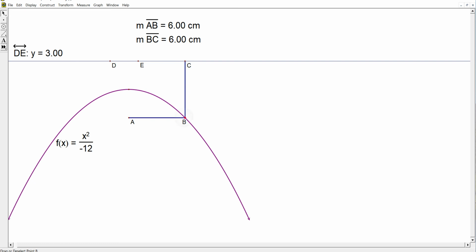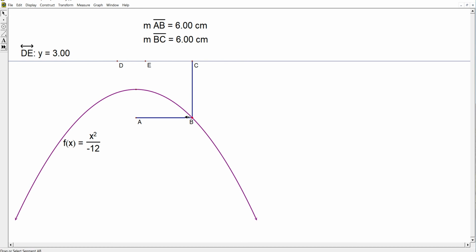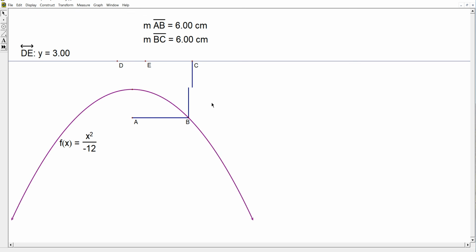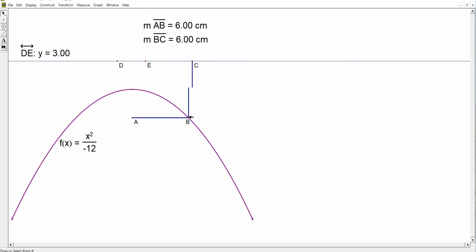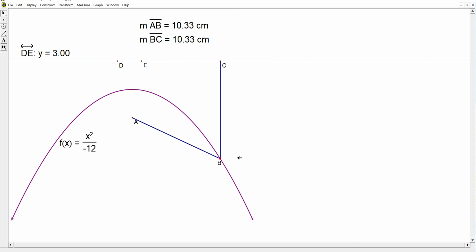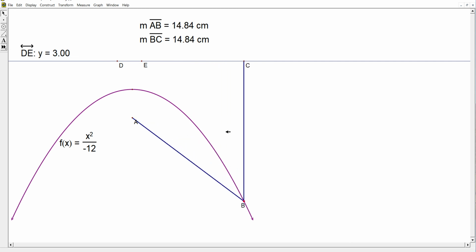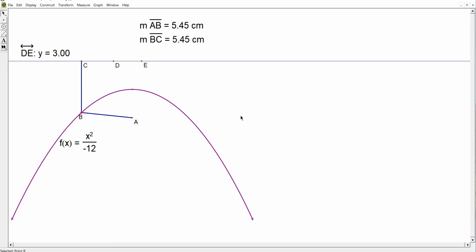And as I move B, the distance is being measured no matter where I put it.